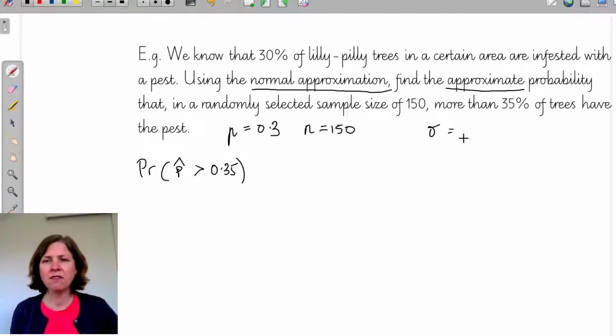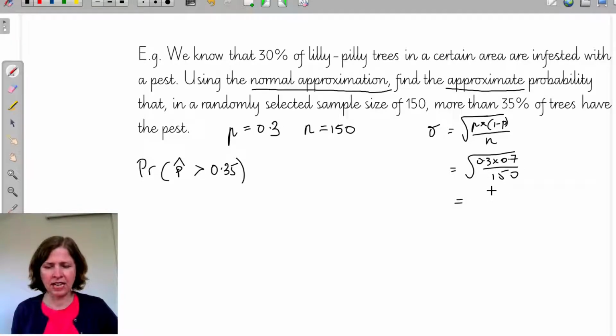Okay, now I'm going to use the normal approximation, which means that I need to know my standard deviation. So my standard deviation is going to be the square root of p times 1 minus p over n. And in this case, that is the square root of 0.3 times 0.7 divided by 150. Pop that into your CAS calculator, and I'm going to get 0.0374.